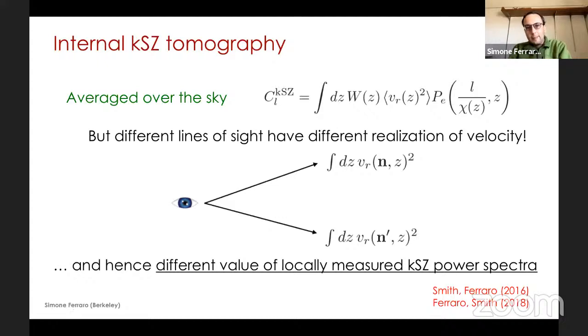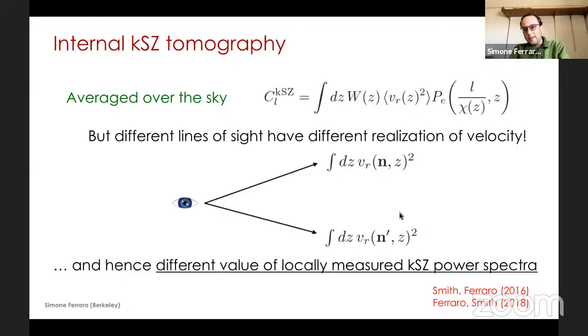But now let's look at a particular line of sight, for example the top one. If I look at the small scale power spectrum, just imagine a 1 degree by 1 degree patch, I can measure the really high-L power spectrum just there, locally. In that case the integral won't be the sky average of the velocity, but the actual realization of the velocity on that line of sight.